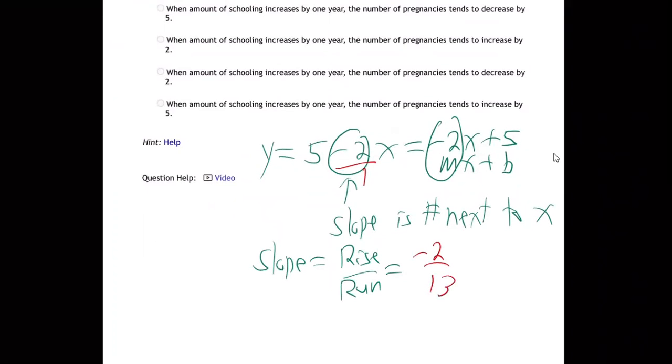I can't put it over 3 or 13 because that's a different number. -2 over 13 is not the same as -2. But -2 over 1, that's the same as -2, right? Dividing by 1 doesn't change it at all. And that way we can look at it like a fraction, which is helpful because that way we can see the rise and the run.